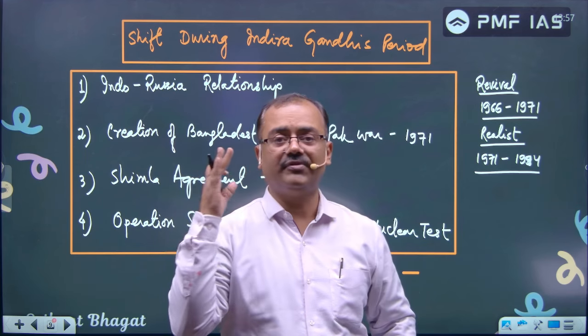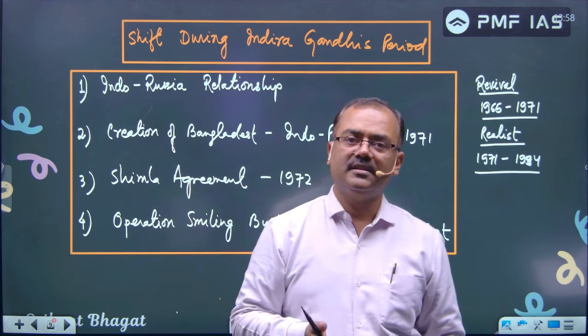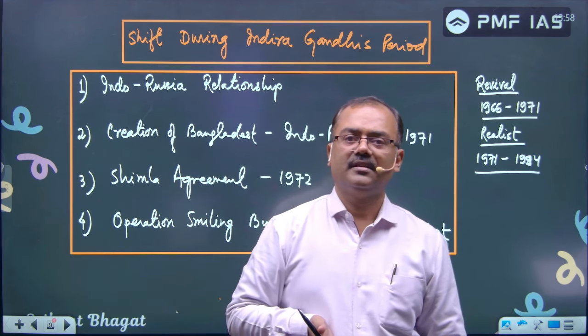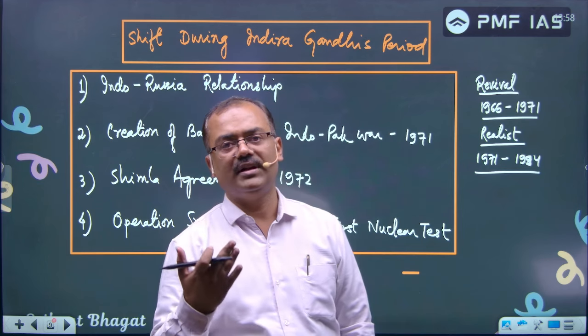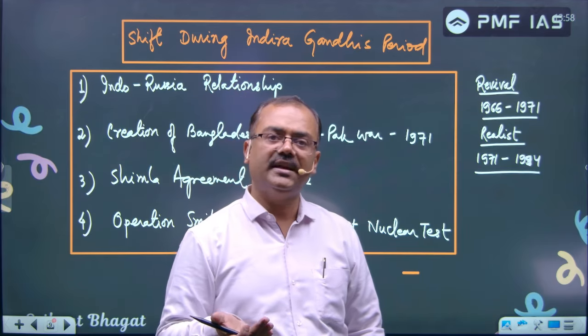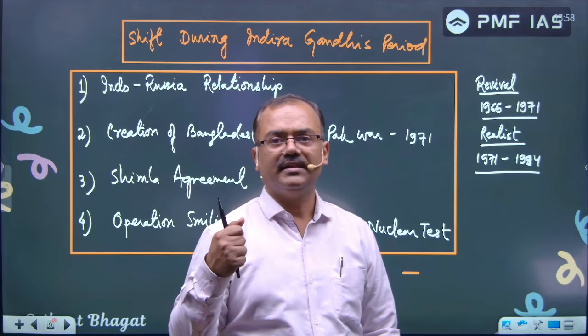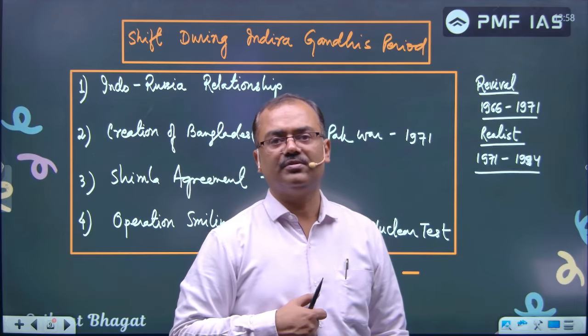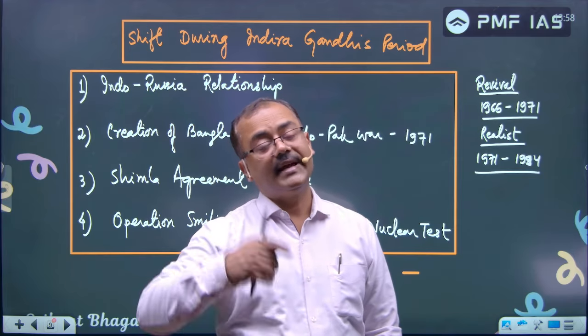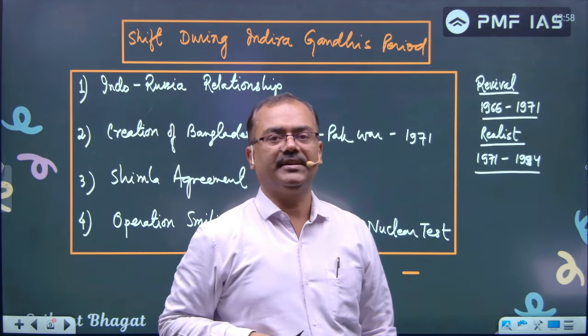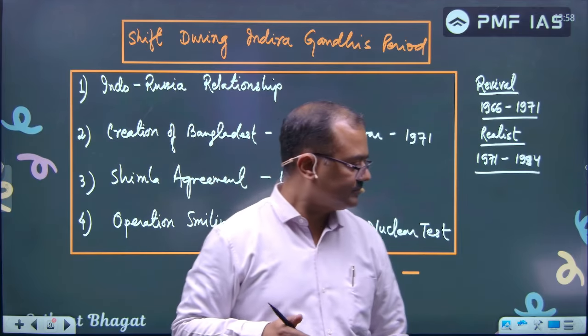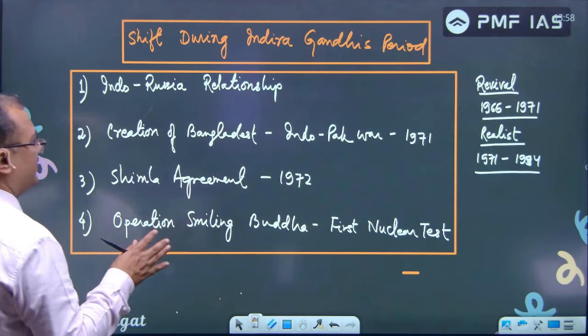This message was first created. Today India is a leader of the global South. The third world countries or poor developing countries are with India. India, Brazil, South Africa combined together are providing leadership to the global South. That time this message was given for the first time. So it was Indira Gandhi's period.